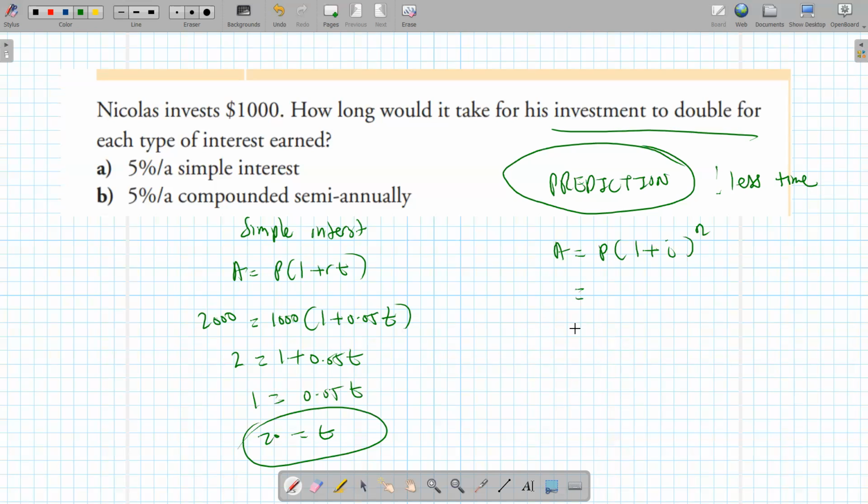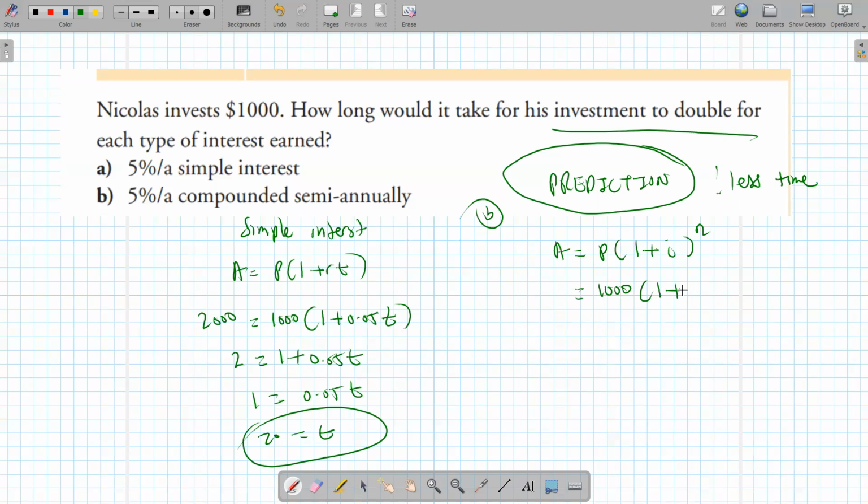What do we know? We're doing part B now. P is 1,000, yes. I is 5% semi-annually.